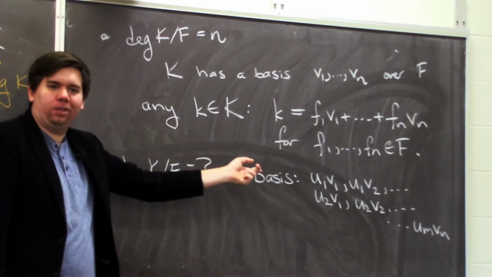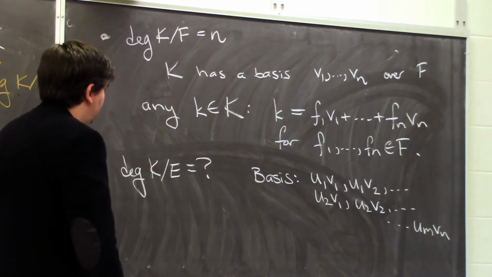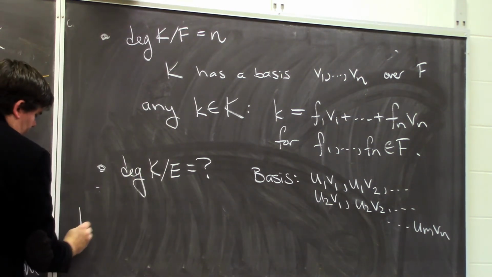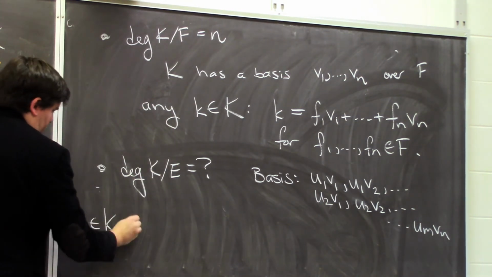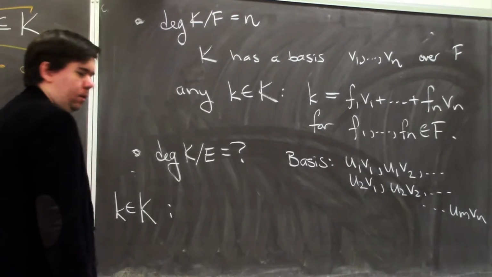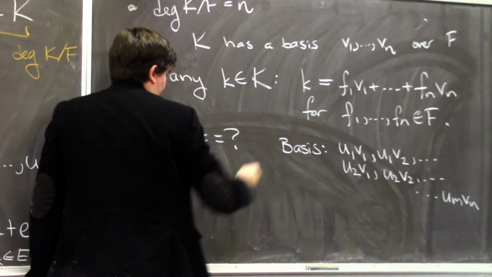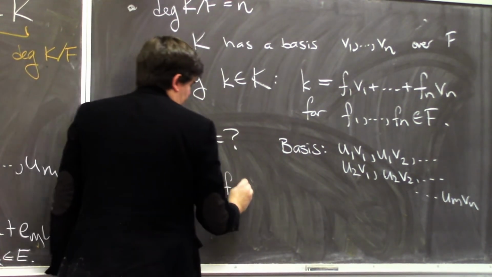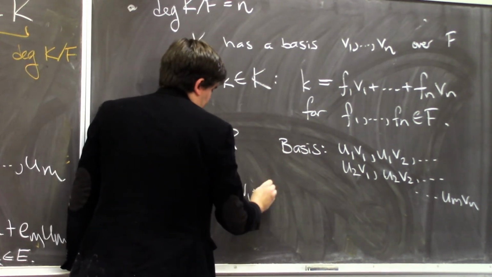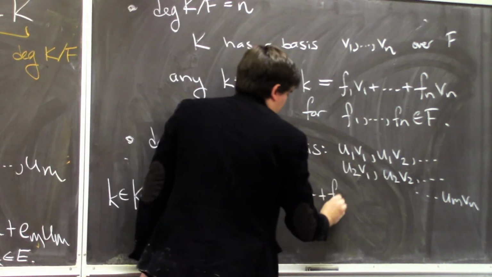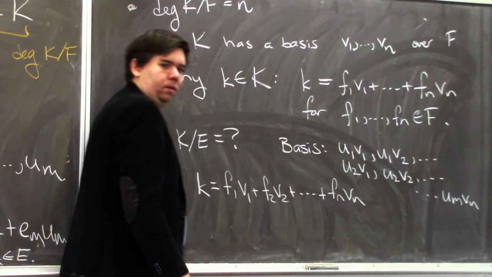Well, why is that actually a basis? Let's check. Suppose I have some element k in the field K. I already know that I can write k as some F1 V1 plus some F2 V2 through Fn Vn.